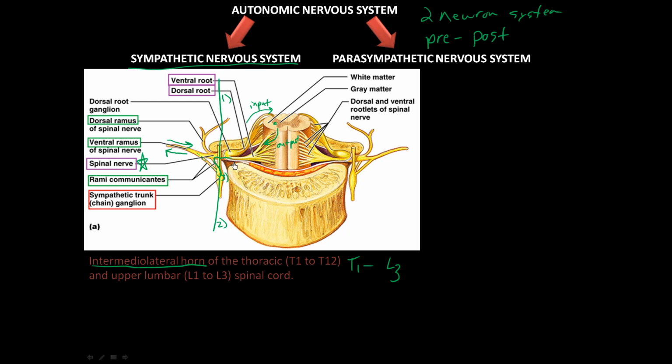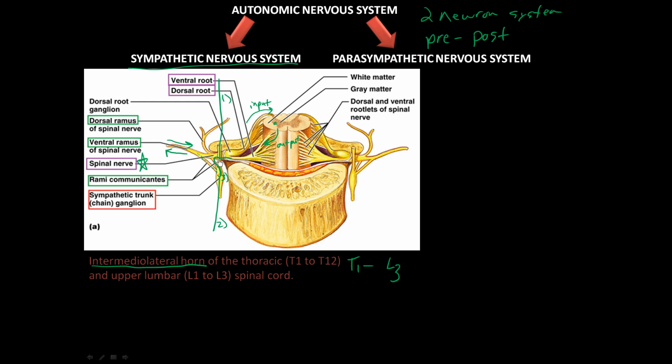So let's review this. It comes out in the intermediolateral horn, comes down through the ventral roots, and then loops back. It has to loop back first through the rami, actually called the white rami communicantes, and I'll show you that in the next picture. Once it hits the sympathetic trunk, it has options.